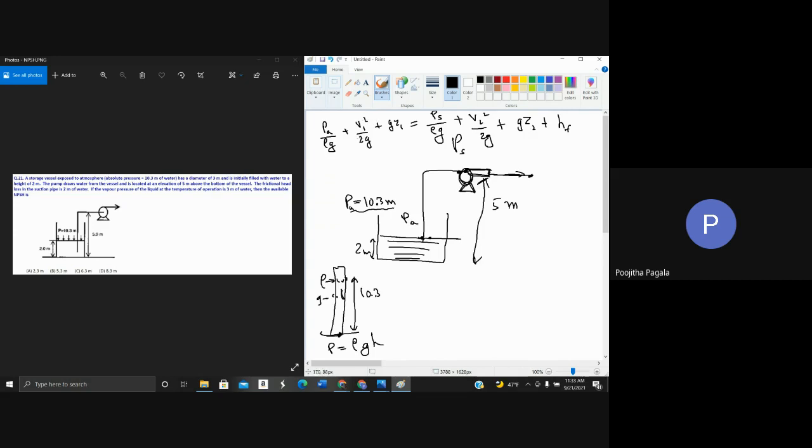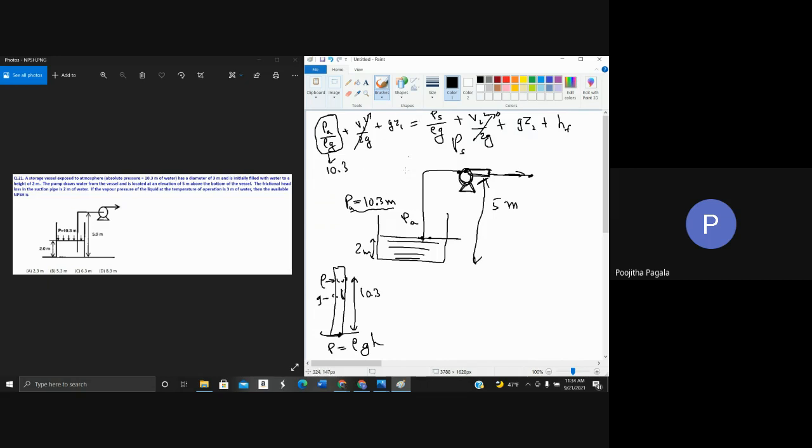Now you can ignore the velocity heads, V1 and V2. PA by rho g is nothing but 10.3.